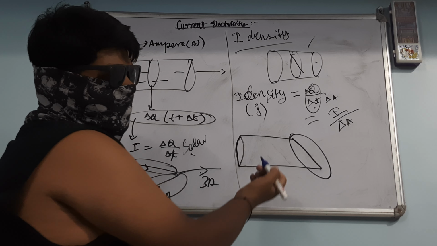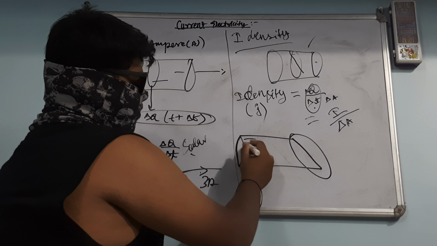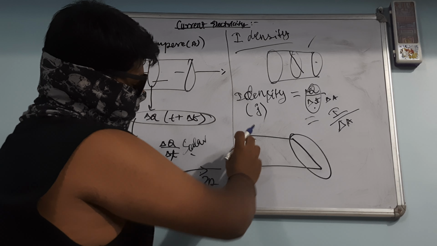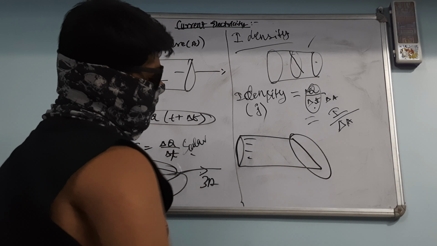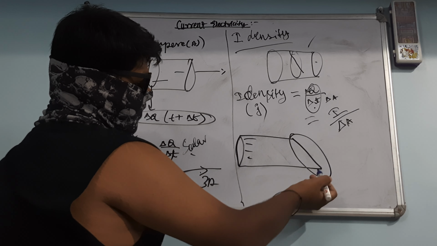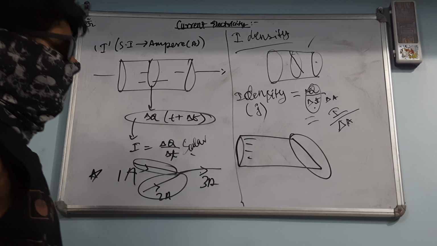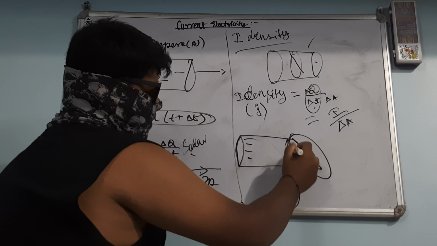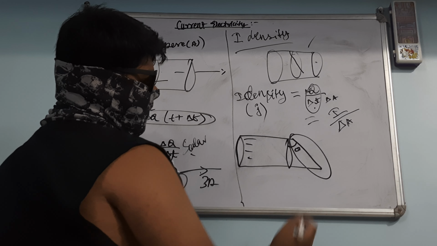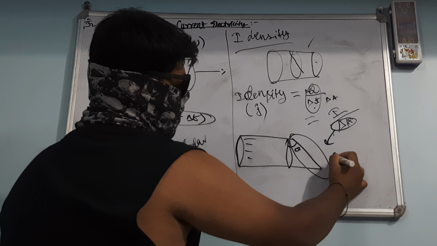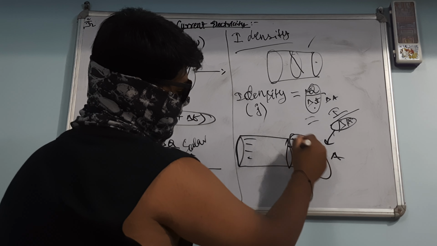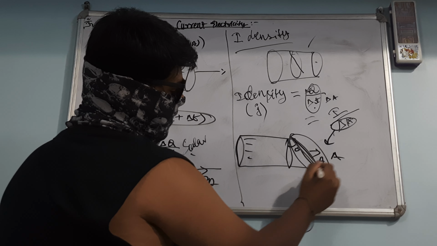Let us assume this is a pipe. The amount of water flowing through this cross section will be the same through this one also. It will not decrease or increase. So it doesn't matter. Hence we have to take this area. If this is theta, then our delta A will be A cos theta.